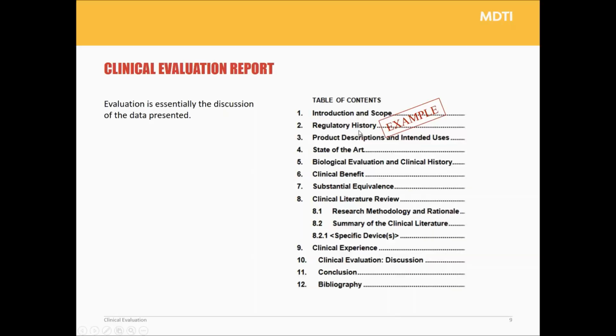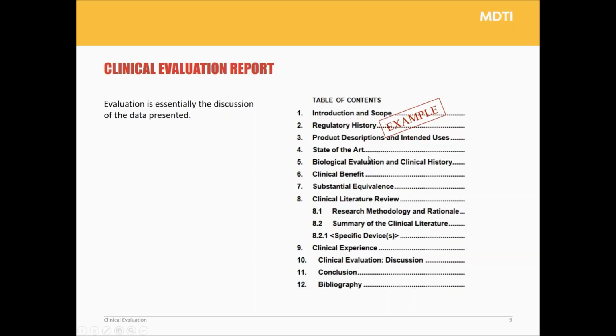So we've got the regulatory history, product description, intended use. Remember that your clinical evaluation report needs to be a standalone document, because very often the reviewer will not be the same as the technical reviewer for the rest of your technical file or design dossier.